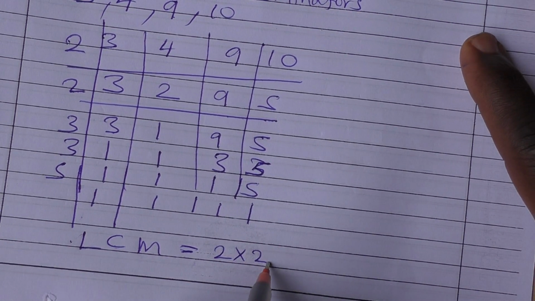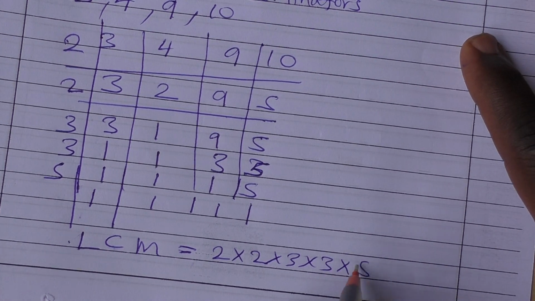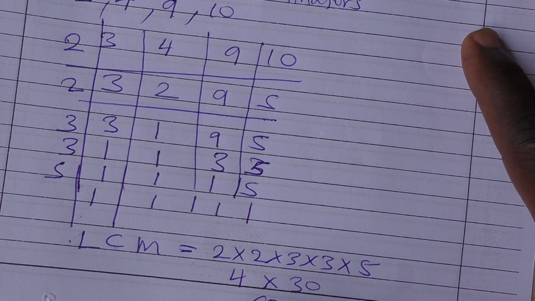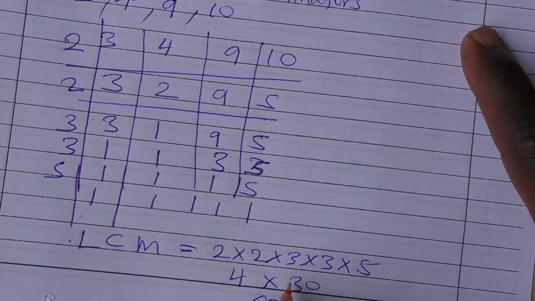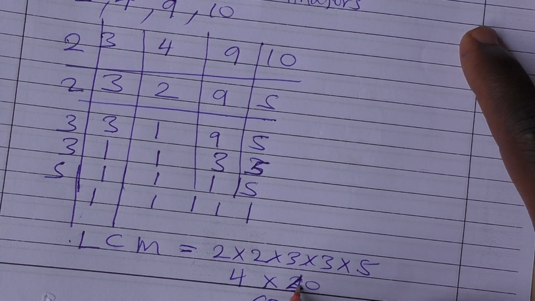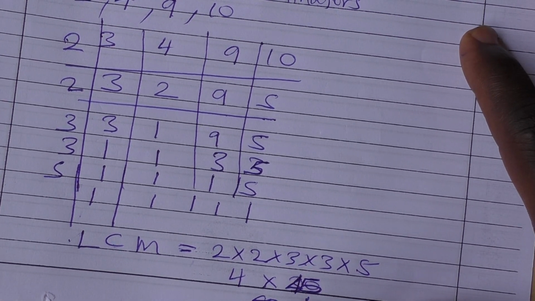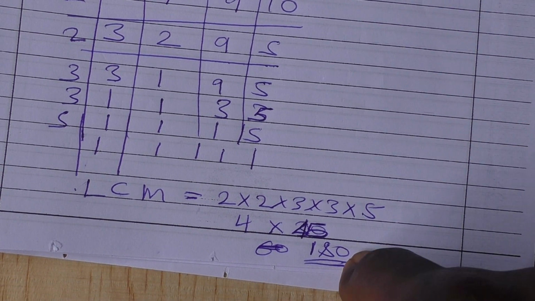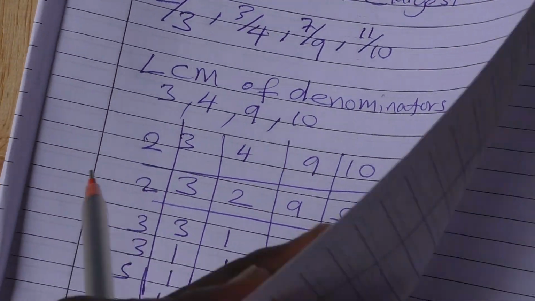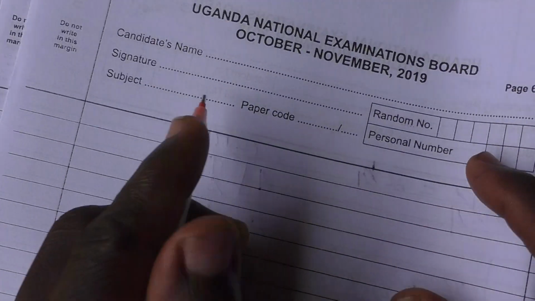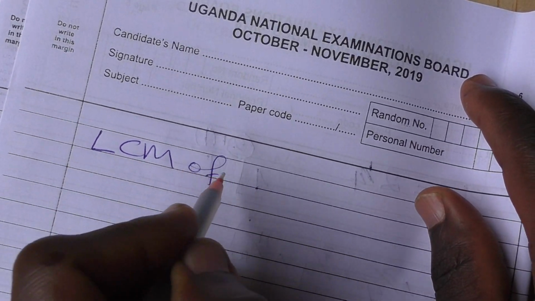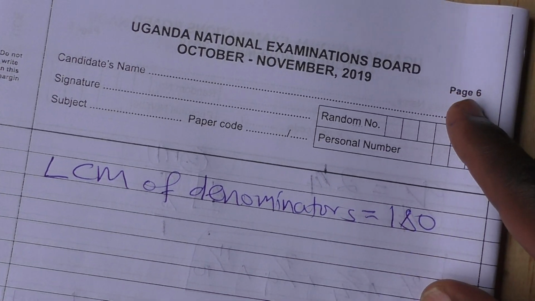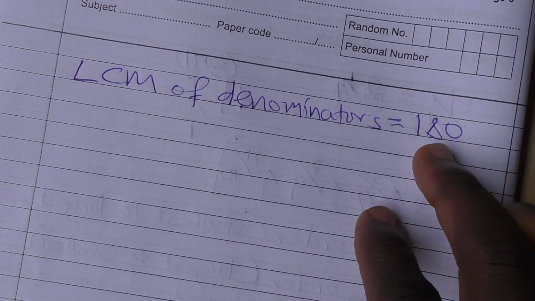That is to say, 2 times 2 times 3 times 3 times 5, giving us 4 times 45, which is 180. So our LCM of the denominators is 180.